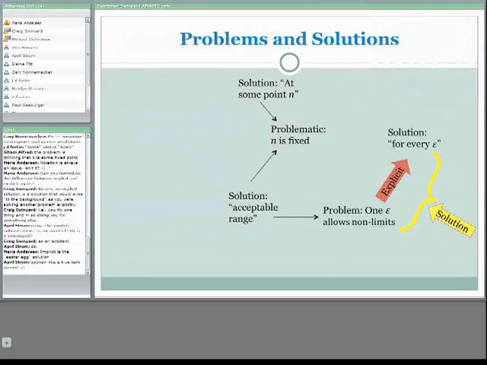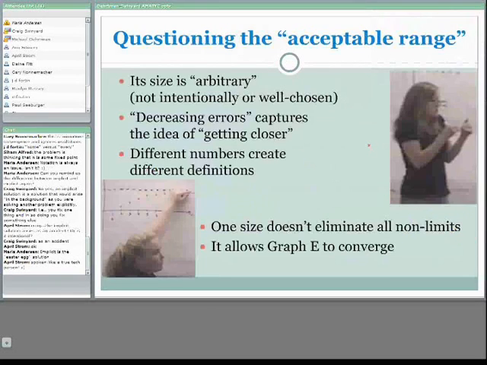And I'm going to say a little bit about how the students resolved the other two problematic issues, that being that for a while there, little n was referring to multiple things, both the fixed point on the n-axis beyond which certain behavior happened. That was one issue, it was referring to that and all the indices on the terms of the sequence.